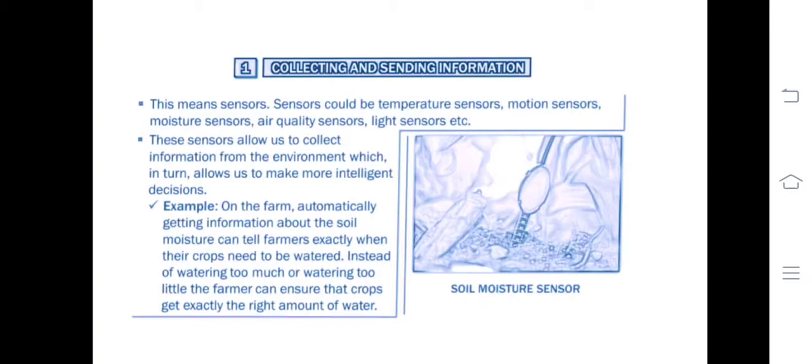If you want to come here, by detecting your presence, automatically the fan will run and the light will turn on. That is a sensor. By sensing your presence, things automatically turn on.